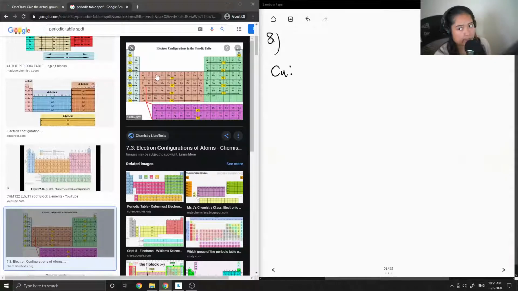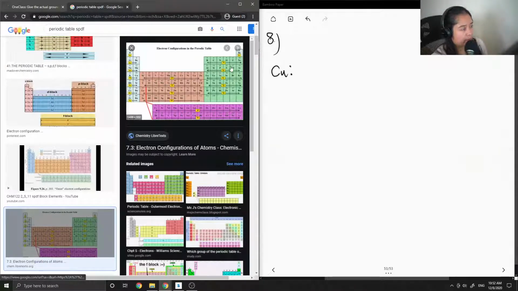So to find the electron configuration, we start at hydrogen, and then we just move from left to right down the periodic table until we get to our desired element. So in this case, it is copper, which is found right here, atomic number 29.